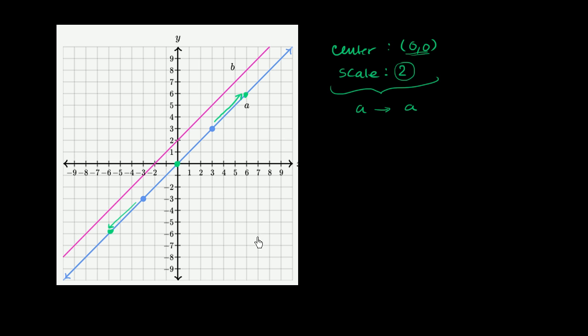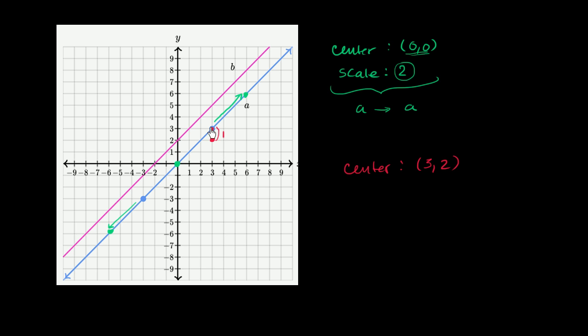But what can suit our purpose is if we pick another point that's not on A and not on B. So let's say we pick this point right over here. And I like this point, and so let me pick that as my center. I'll tell you why I like it in a second. That is the point 3, 2. The reason why I like that is we can see that this point on line A right now is 1 away.